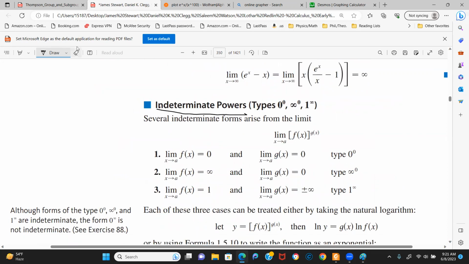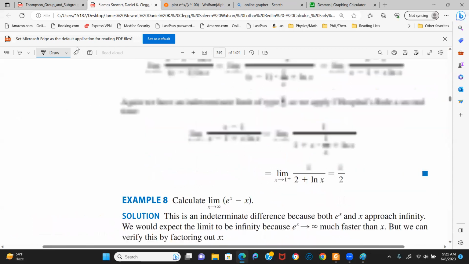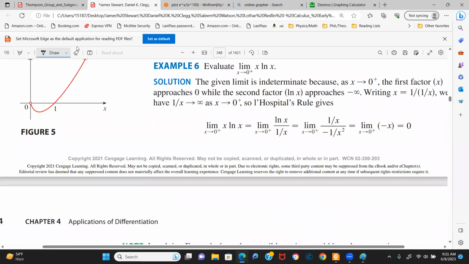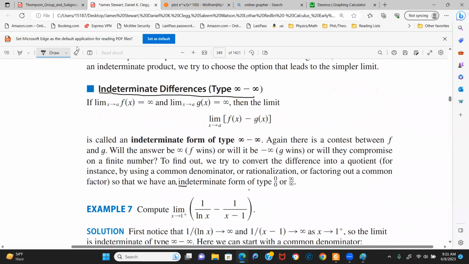But the key is to somehow manipulate and express the thing you're taking the limit of and reduce it into one of the indeterminate forms like 0 over 0 or infinity over infinity. So let's look at this one, indeterminate difference, and see how to deal with that one.